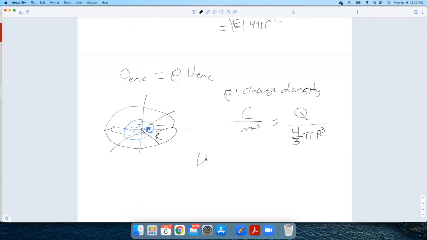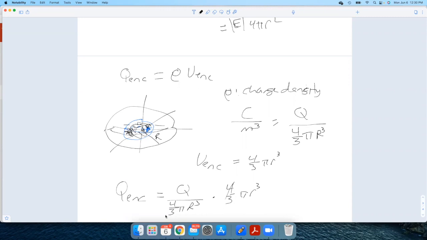What's my volume enclosed? How much charge do I actually care about? Just this stuff. That's all I care about. That volume is 4/3 pi little r cubed. So then my charge enclosed, the fraction that I've captured just here in the blue, is density times volume enclosed.